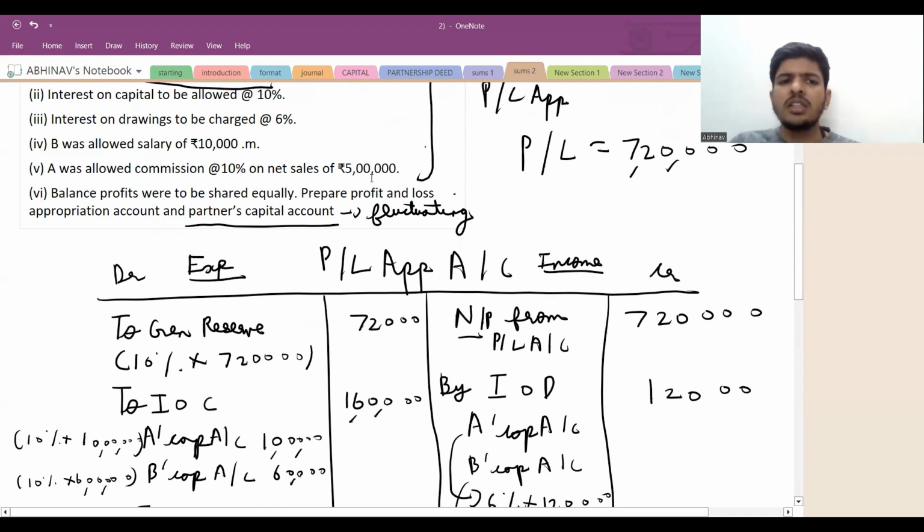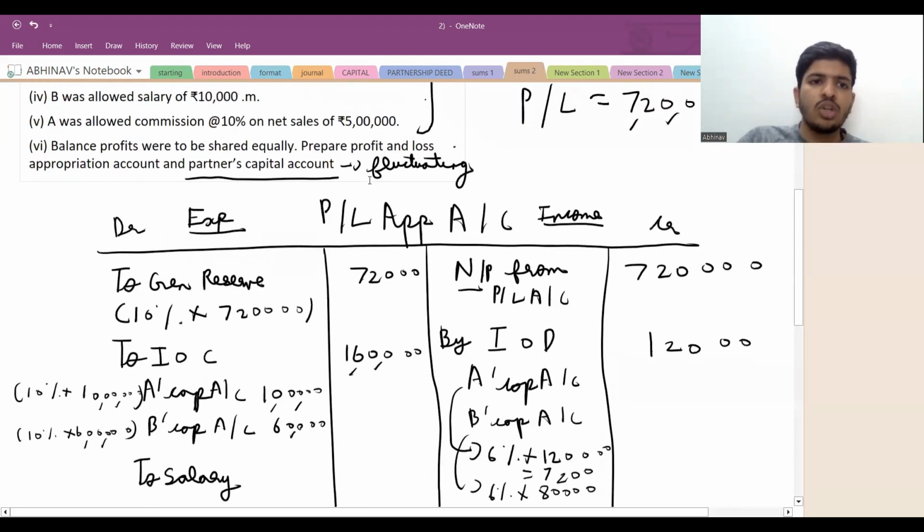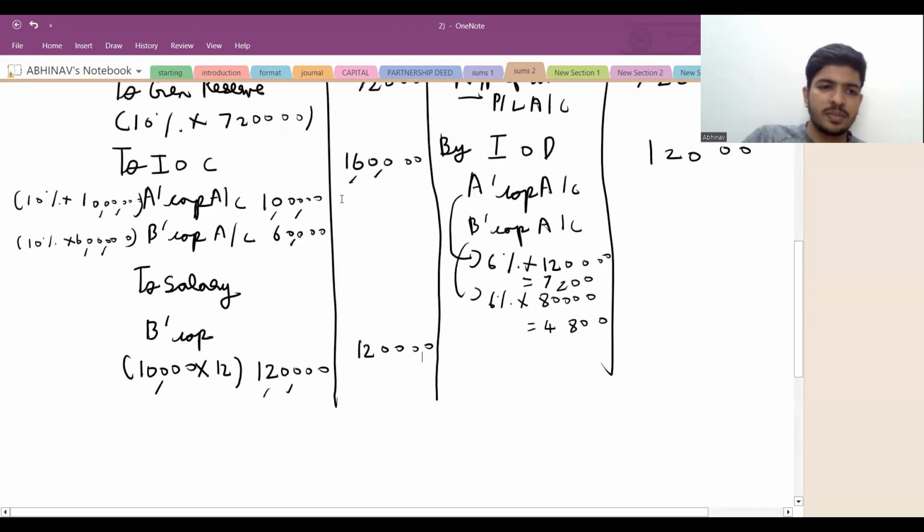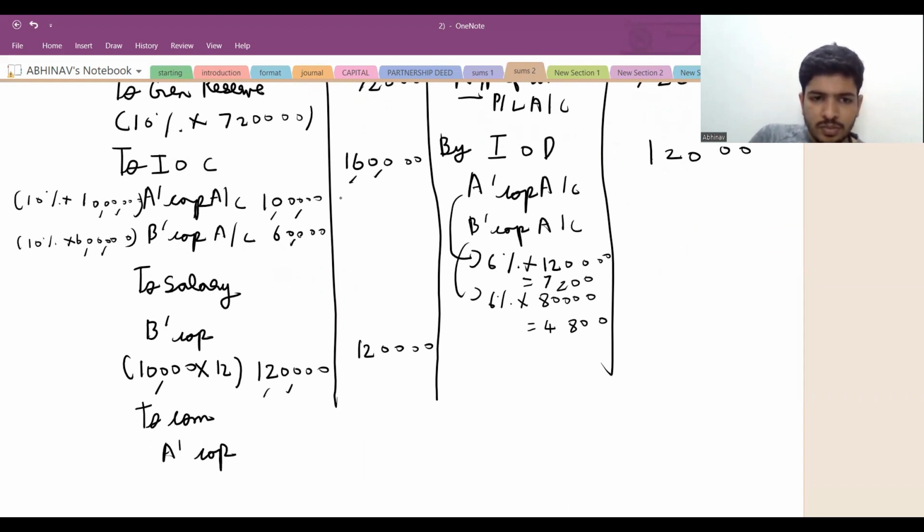Now finally, A was allowed commission at 10% on net sales of 5 lakh. This essentially means A must have brought in more sales. So for the more sales, the partnership deed would have mentioned that A will get an additional commission. So on 5 lakh, we have to calculate 10%. So again here, to commission, A's capital. So it's 50,000.